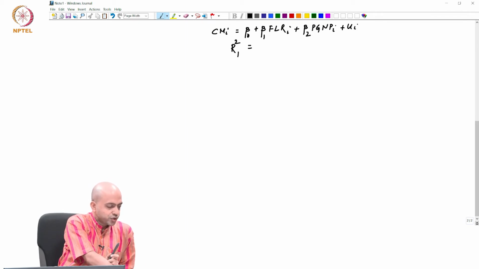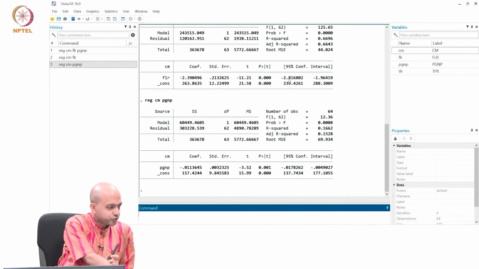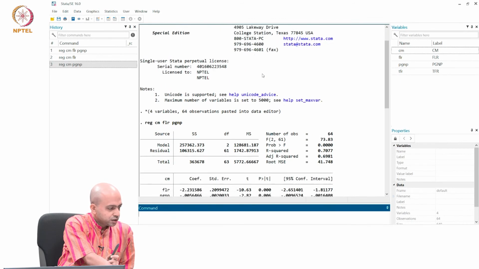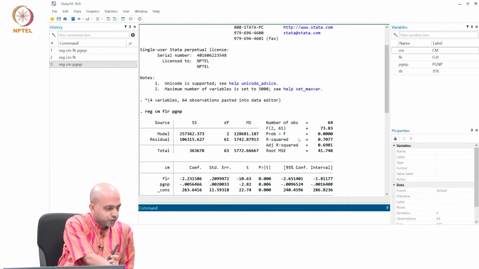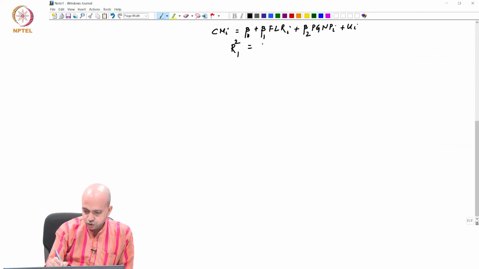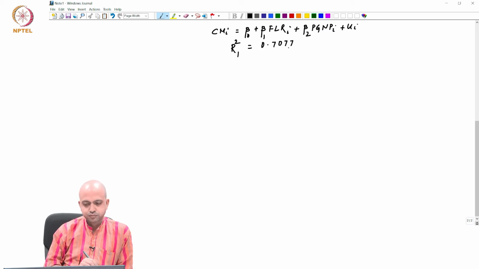So, what is the R square value from the complete model, the goodness of fit? If we look at the complete model, then we see the R square value is 0.7077.